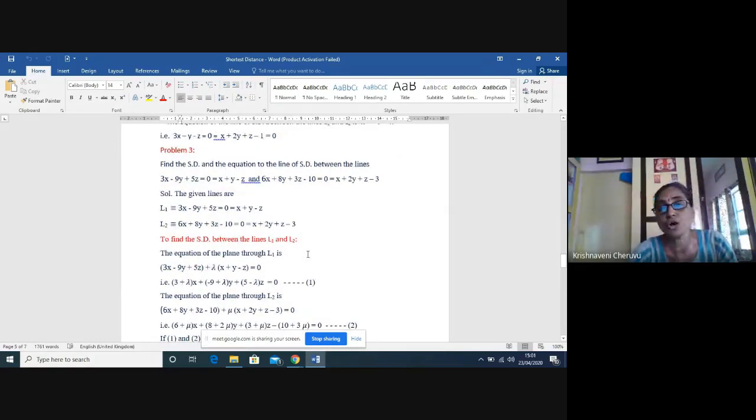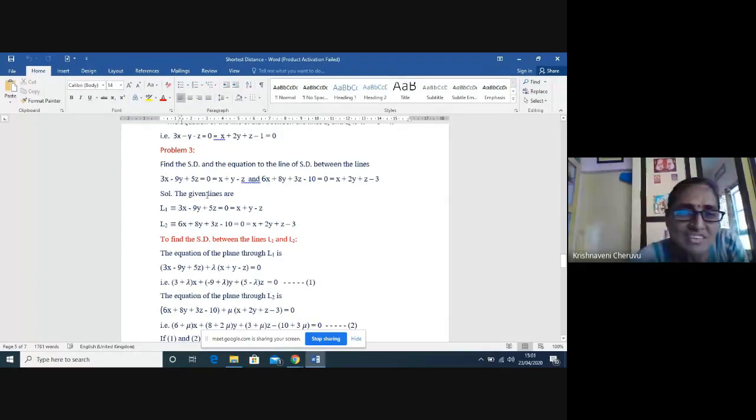Now you're coming to a very important essay, the long answer question, girls, that is to find the shortest distance between two lines when both the lines are in unsymmetric form, and also to find the line of shortest distance between them. So this is problem 3, where you have two lines in unsymmetric form.